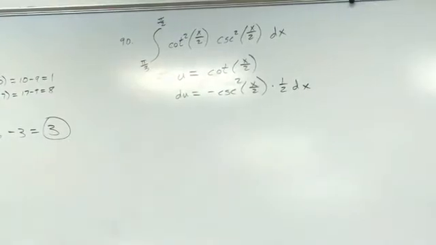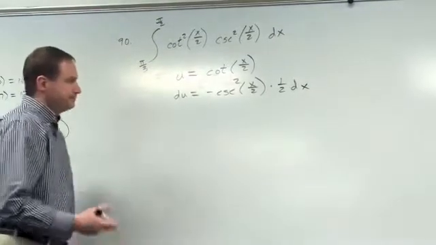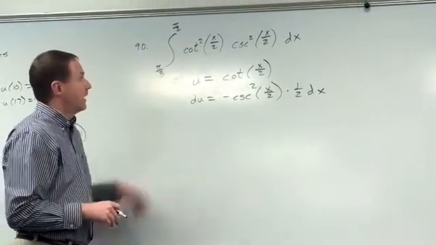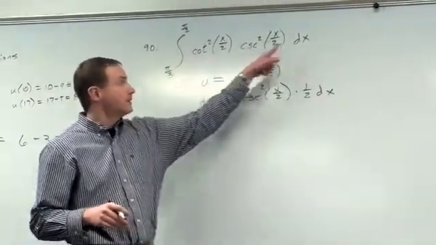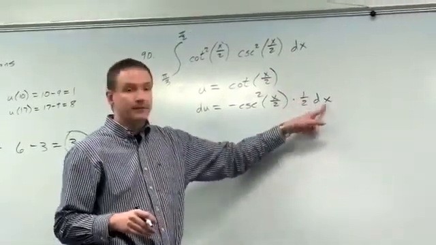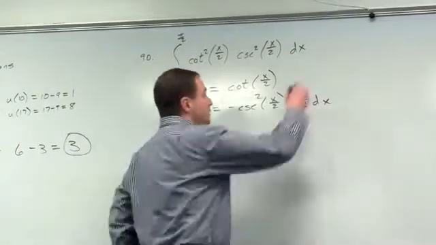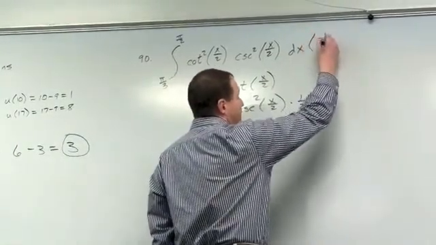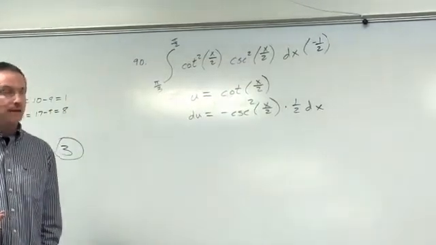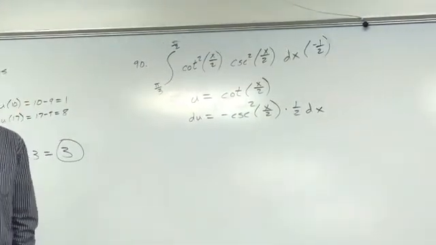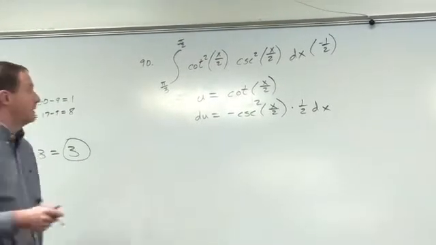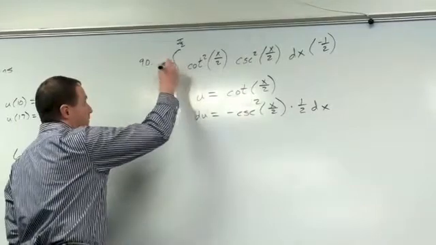Okay. So now I know that I need to see everything in there. I already see most everything in there. What I don't see is a negative 1/2 times the dx. So instead of rewriting the problem, I'm just going to go up to the original and say, I need a negative 1/2 on the inside. If I multiply the inside by negative 1/2, I better multiply the outside by negative 2 to make up for that.